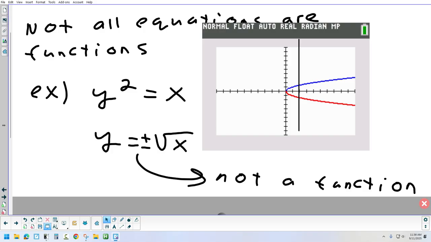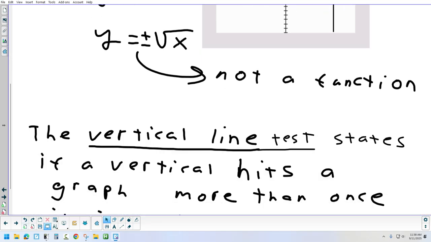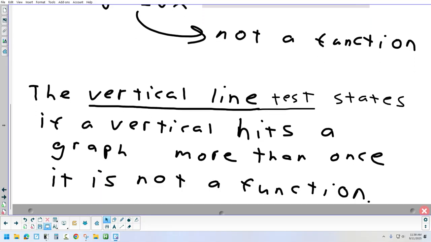No. So what that means is this picture fails the vertical line test. When a graph fails the vertical line test, it means you were able to draw a vertical line and it hit the graph more than once. Because it hit more than once, the graph that you drew was not a function.